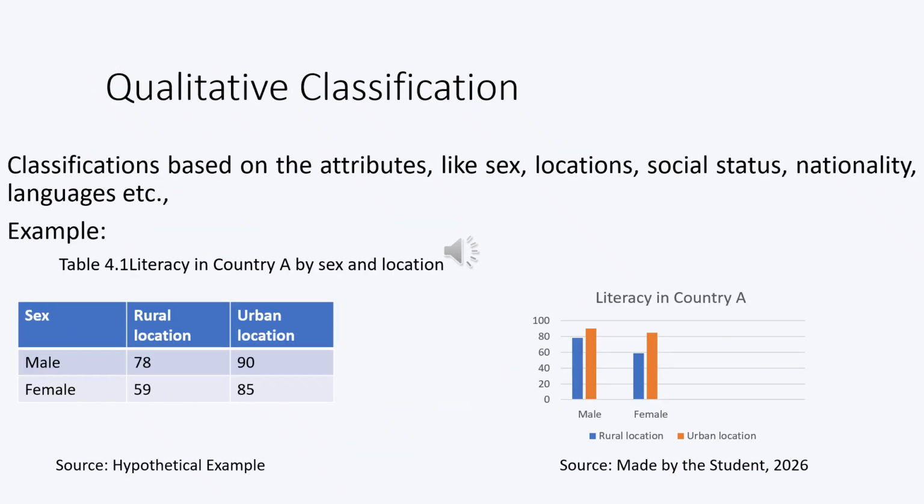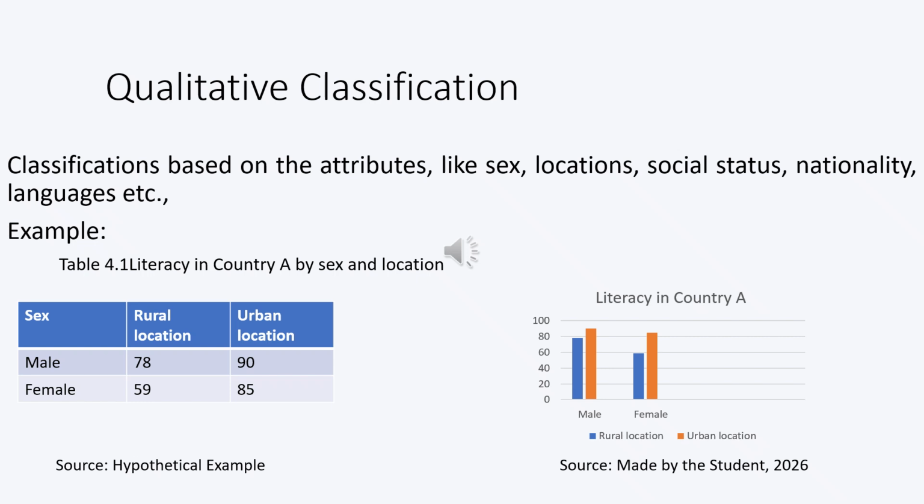Here we find the qualitative classification of the tabular data presentation. The classification is based on attributes like sex, location, social status, nationality, language, etc. The example of qualitative classification is represented in table 4.1.